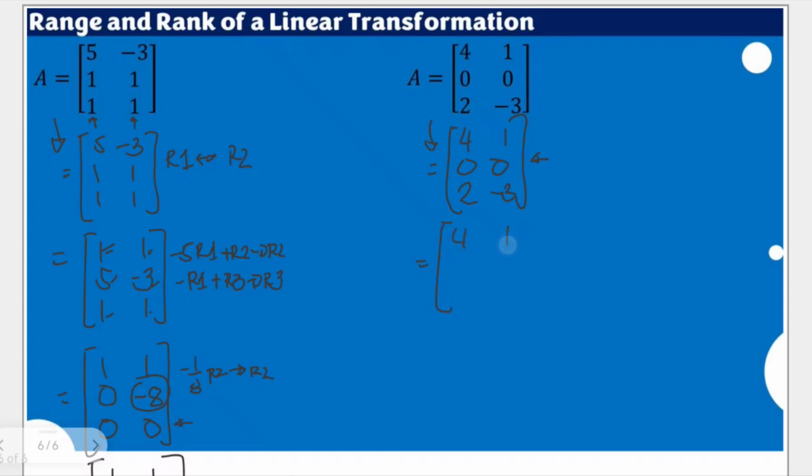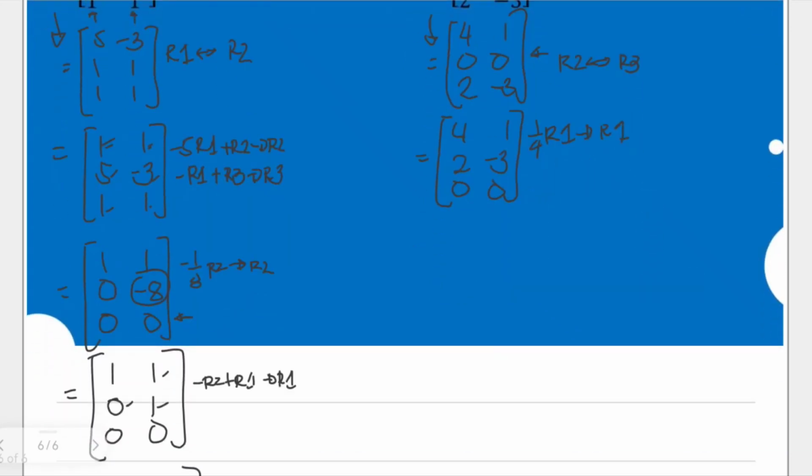You have 4, 1, so simply interchange row 2 and row 3, so that the row of zeros will be placed here. Next, let's make a leading 1 by multiplying 1/4 to the entries on row 1. So this is now 1, 1/4, 2, negative 3, 0, and 0.